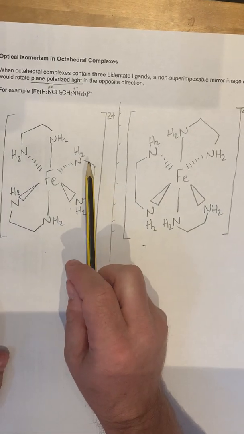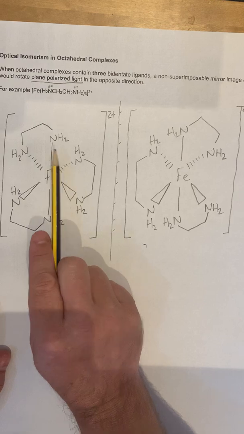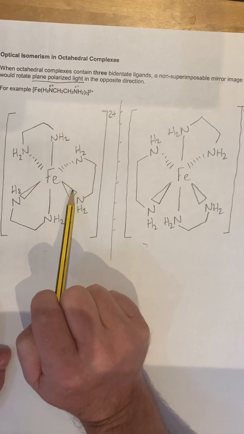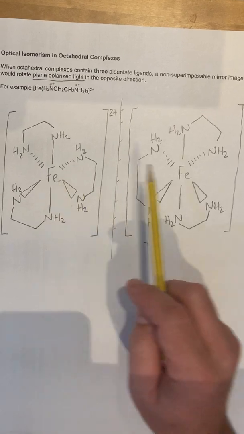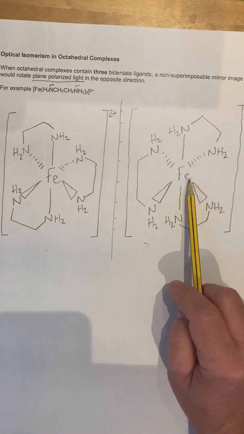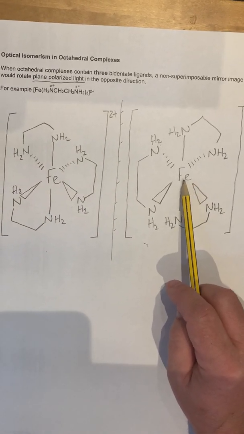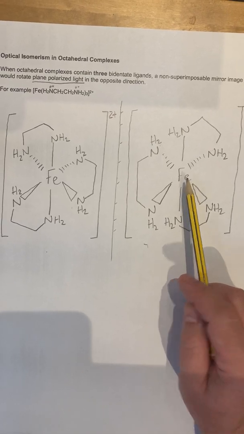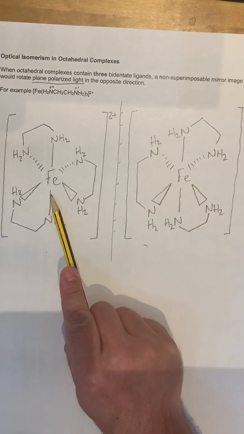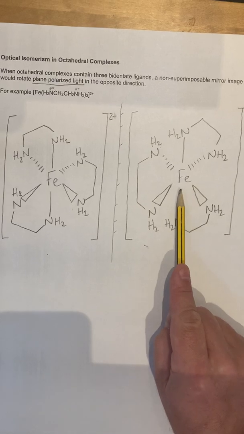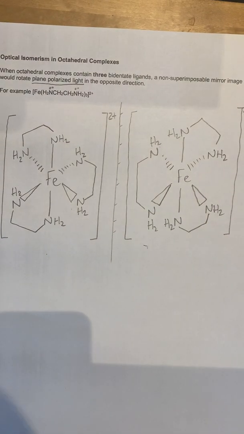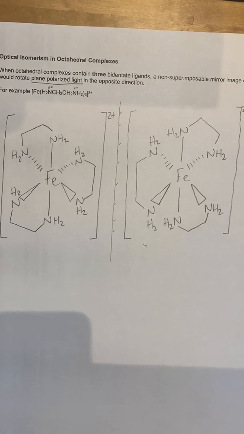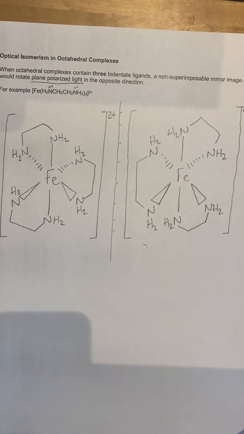And what would happen is this isomer would rotate the plane polarized light in one direction, say for instance clockwise. This isomer would rotate plane polarized light anti-clockwise. So for instance, if this one rotated it 30 degrees clockwise, this one would rotate it 30 degrees anti-clockwise. So they rotate plane polarized light in opposite directions.